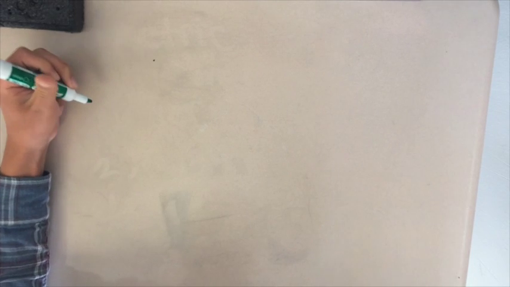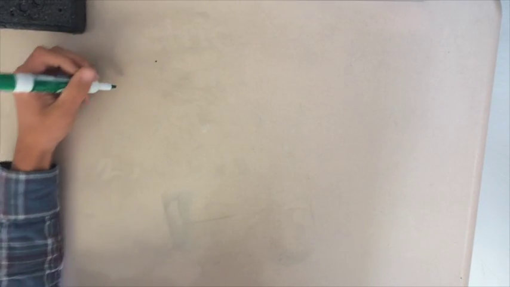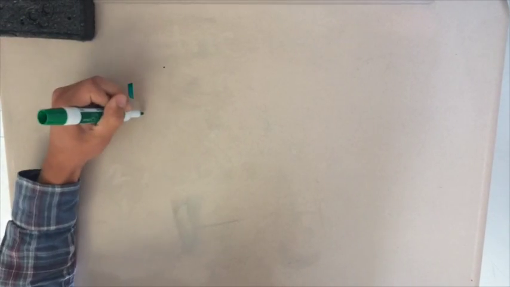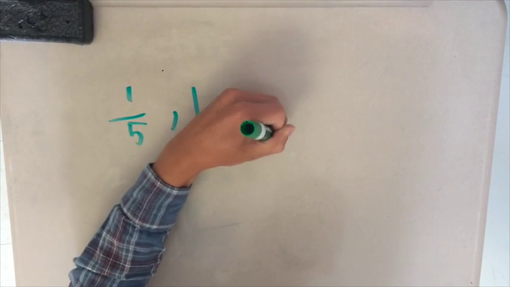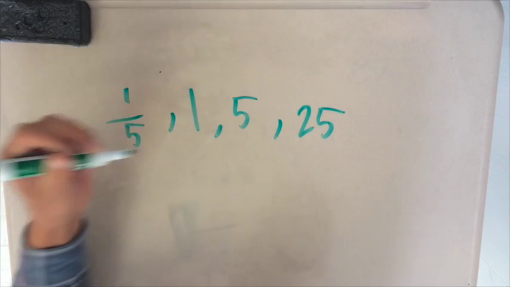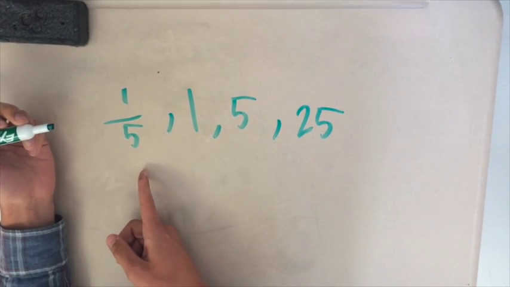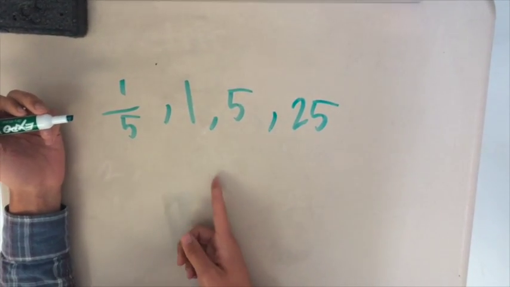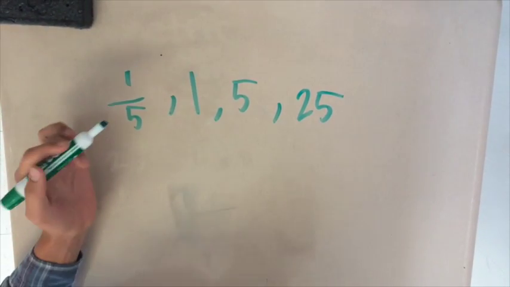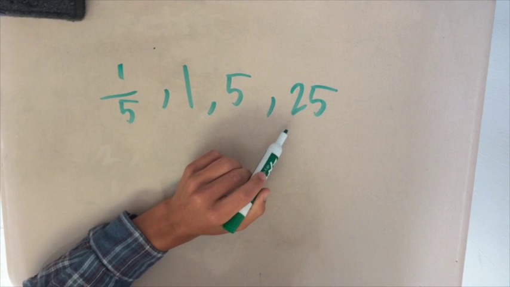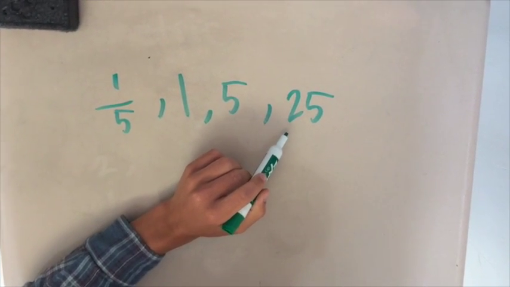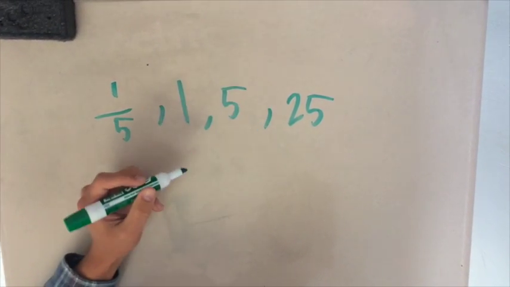So my first thing I want to talk about is finding the common ratio of a sequence. So let's go back to the 1/5, 1, 5, 25. So how do I find what these numbers are being multiplied by to get the next number? In order to do that, I take any two terms and divide it by the one that was before it.